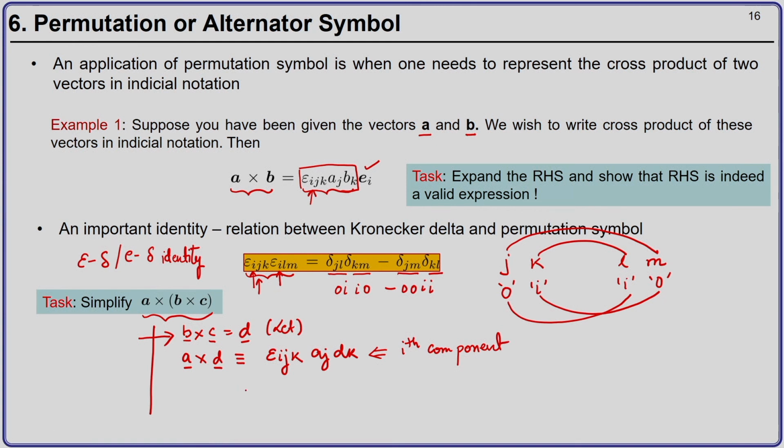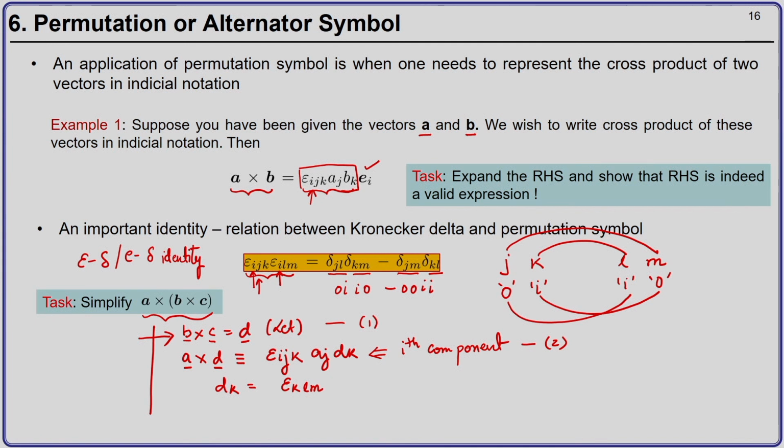Now, let us say the first is equation 1, this is equation 2. Now, what will be D k? From equation 1, D k will be epsilon k, because this corresponds to the kth component, epsilon k, and because in expression 2 i is a free index, I cannot use i here, and j in expression 2 is already occurring twice, so I cannot use j also. So, what will I do? I will use l and m.